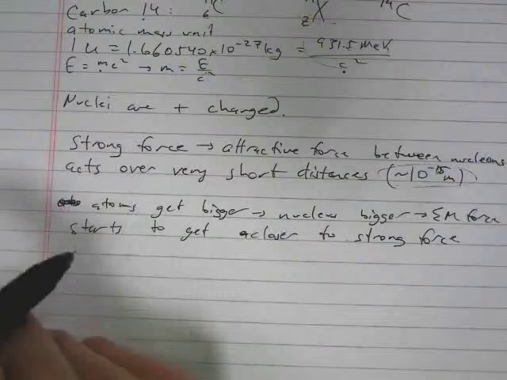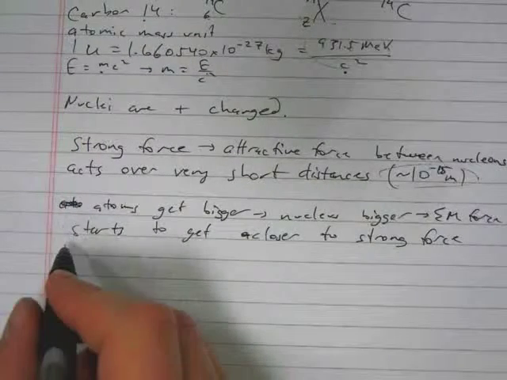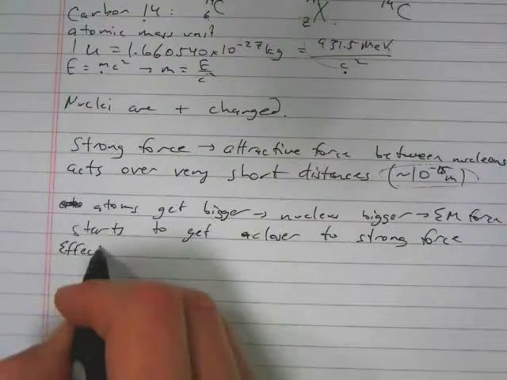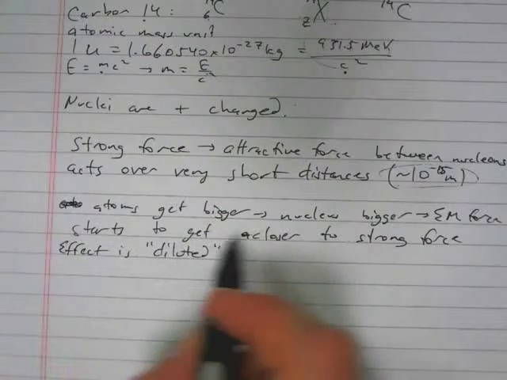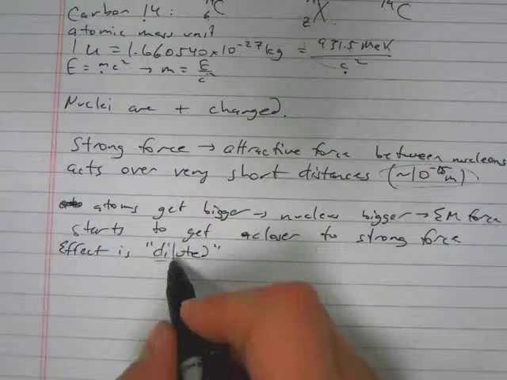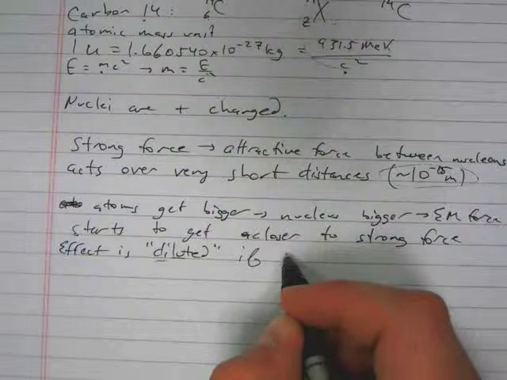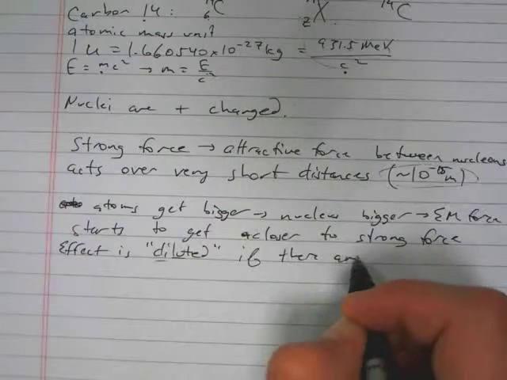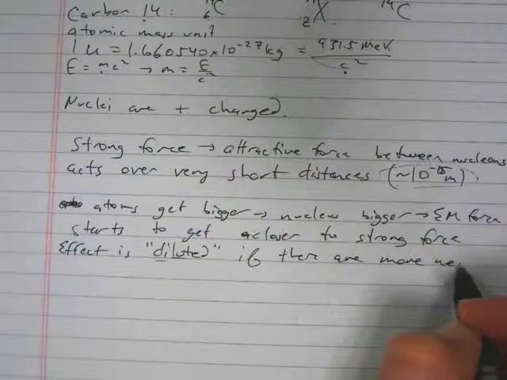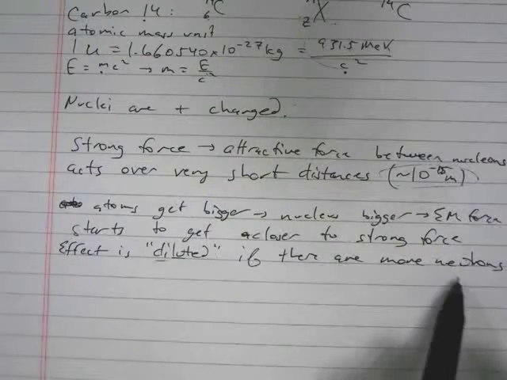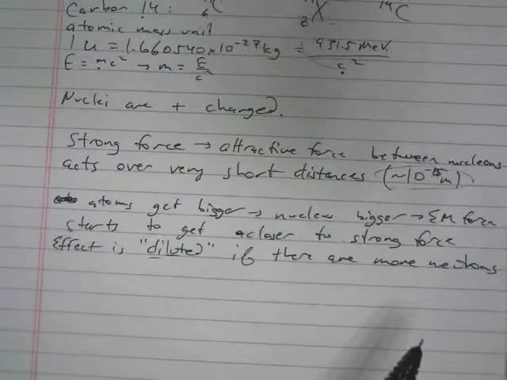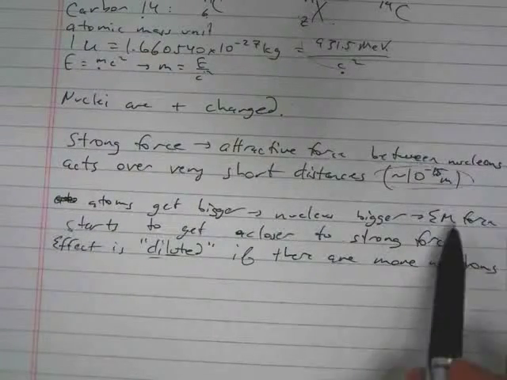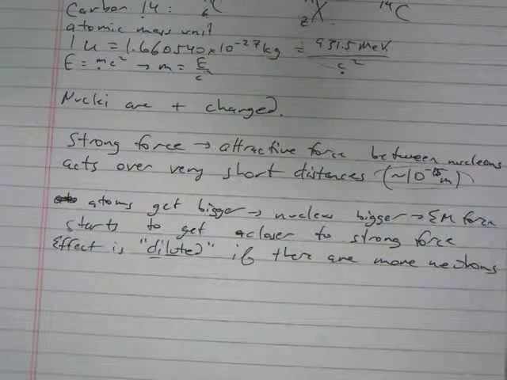Though this effect is somewhat diluted if there are more neutrons, because if there are more neutrons, there's more strong force. But there is more electromagnetic force as we get more protons.